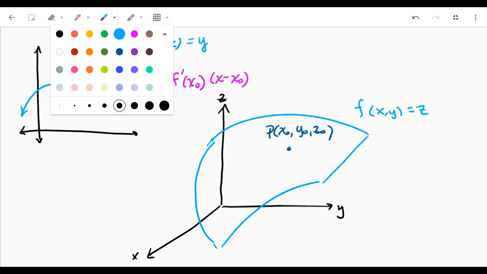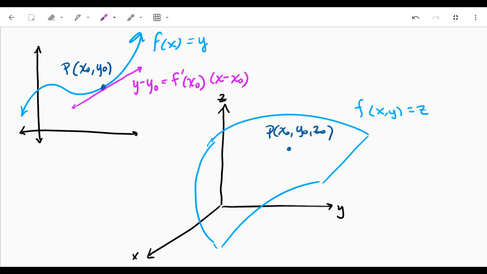Let's take a look at 2 lines. Think about, on this surface, the line that's tangent to the surface that's parallel to the x-axis. You might be able to see where this is going based on what you learned in 11.4. We're going to call this tangent line 1, and then we're going to have also tangent line 2.